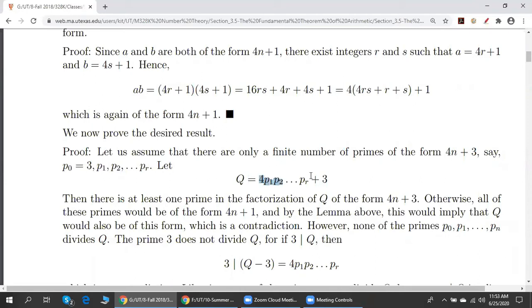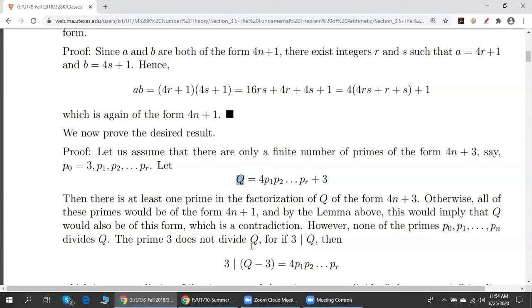According to what is written here, we conclude that if we divide Q by 4, the remainder is 3. But if Q is of the form 4n plus 1, and we divide Q by 4, the remainder is 1. Does this make sense? Yes, thanks.